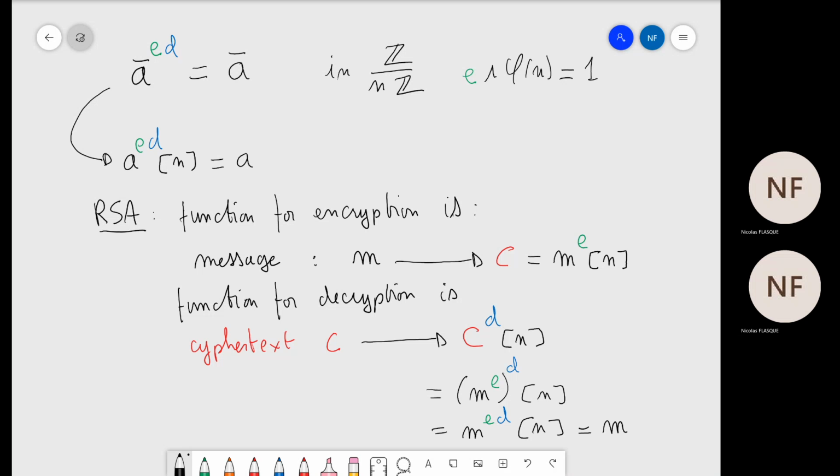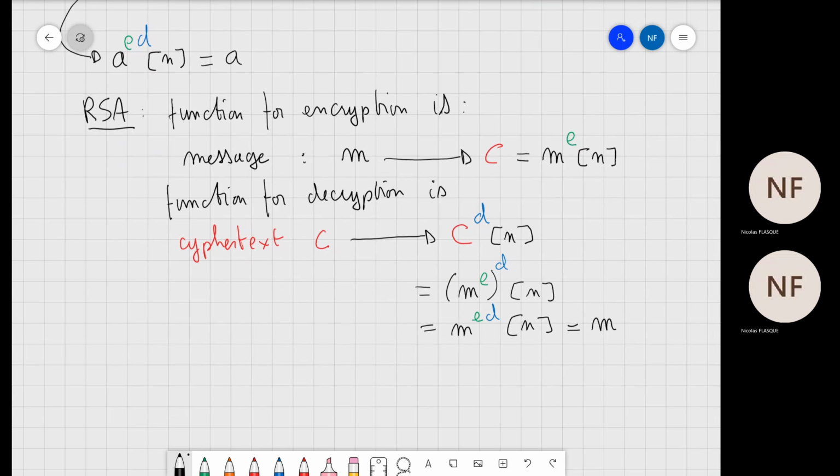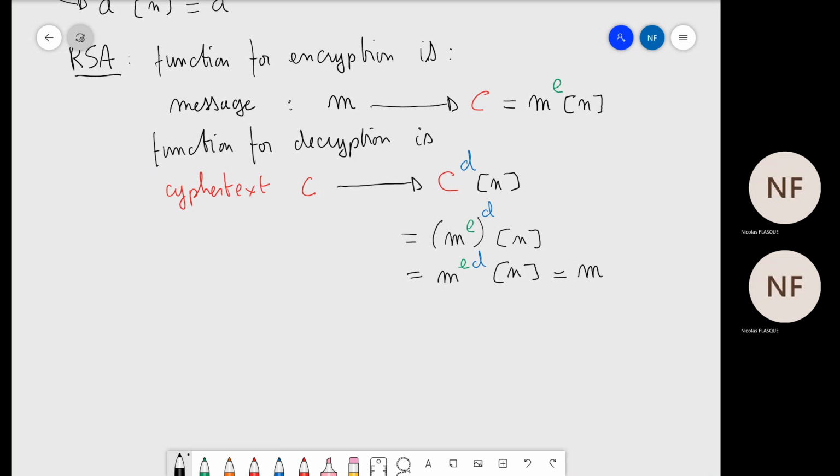So what's the difference between this system and other systems? For the previous systems, actually, which are symmetric systems, the key or the keys are shared and must not be known by anyone except the person who wants to exchange messages.